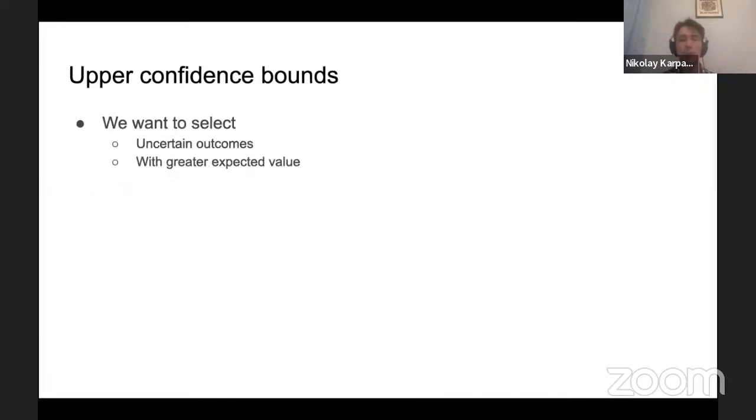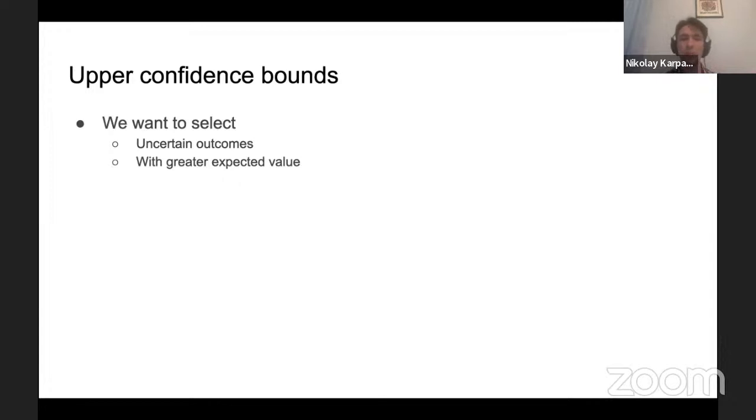So a more sophisticated strategy is called upper confidence bounds. It builds upon the idea that we want to select uncertain outcomes, but here we look not only at the uncertainty, not only at the entropy, we also compare the expectation.